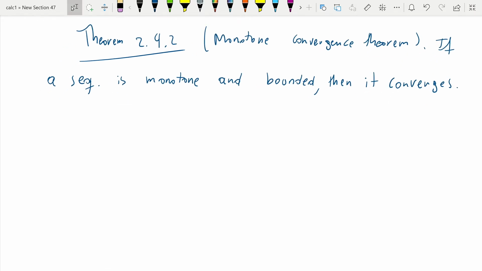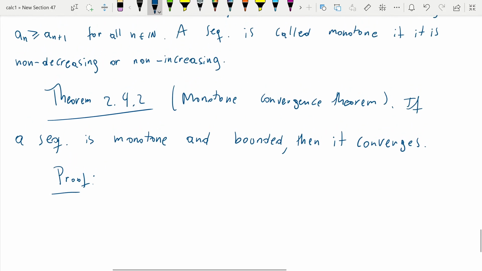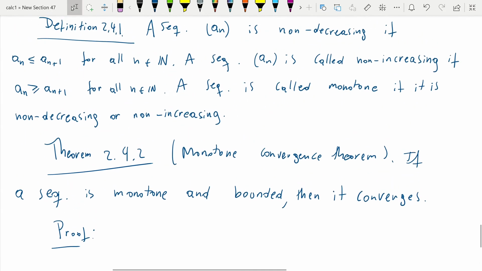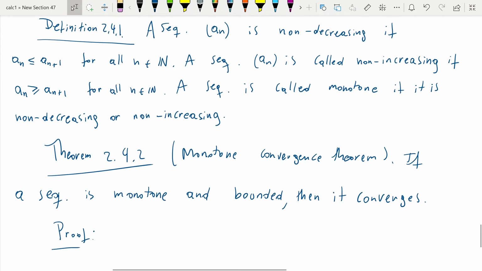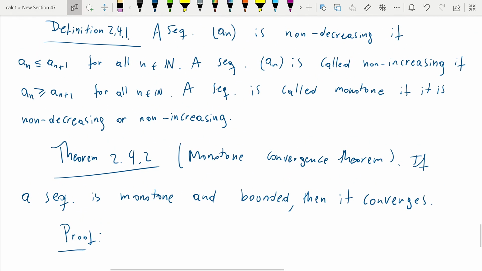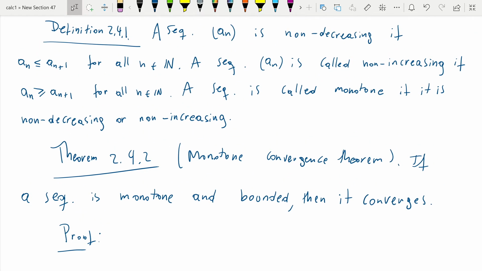And what is the idea? In fact, we remember that the sequence being monotone means that it's either non-increasing or non-decreasing. So if it's non-decreasing, you just need it to be bounded from above, right? Because it's immediately bounded from below by a1, because all the other elements are at least as big as a1.